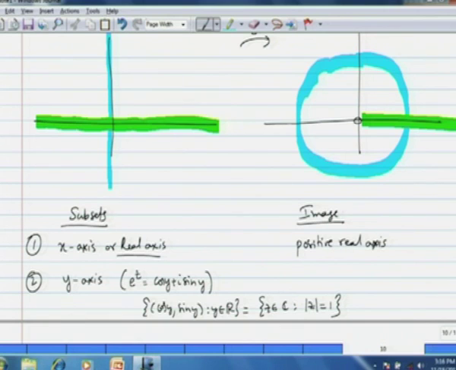Okay. So, here equality means the equality of points in R2 with the points in the complex plane. Okay. So, the image of the y axis is the unit circle.